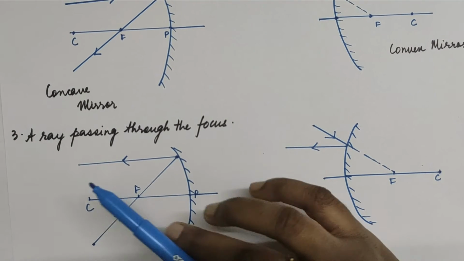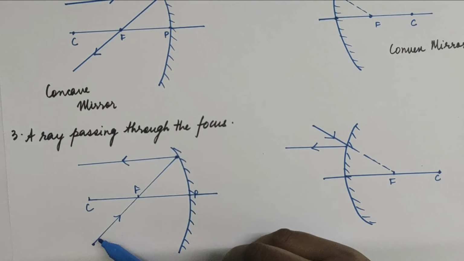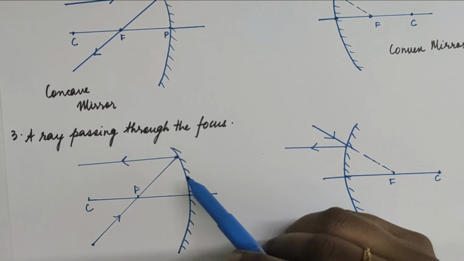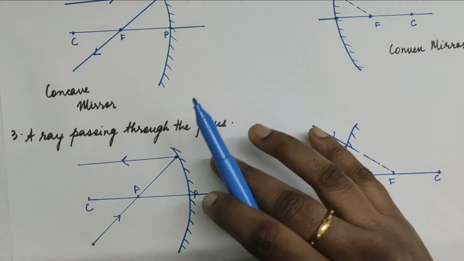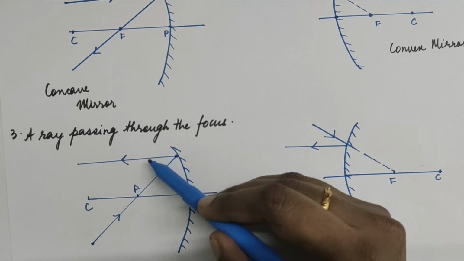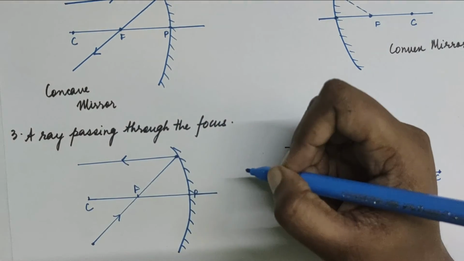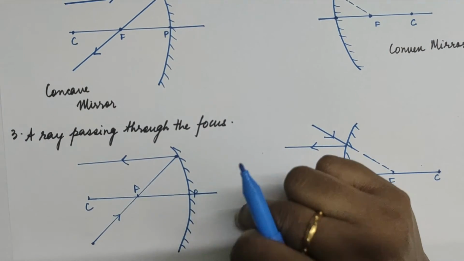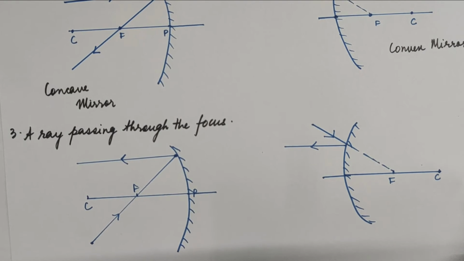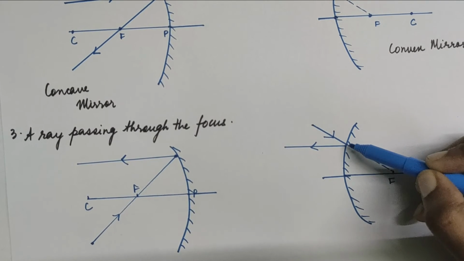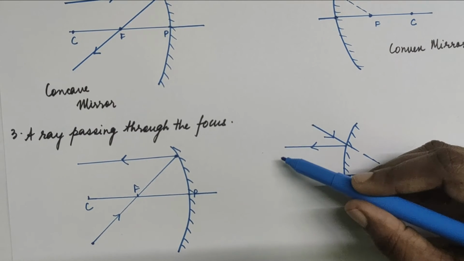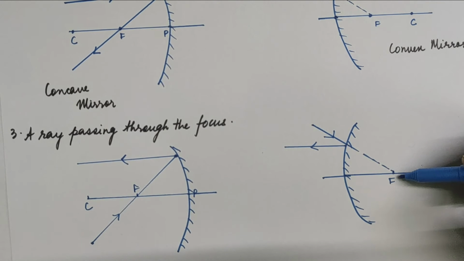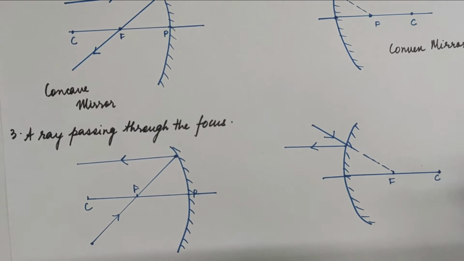The third is when a ray is passing through the focus. As you can see in the diagram, the ray is passing from the focus and falling on the reflecting surface of the concave mirror. So it will become parallel to the principal axis. And here as well, it is becoming parallel, but it feels as if it has come from the focus.